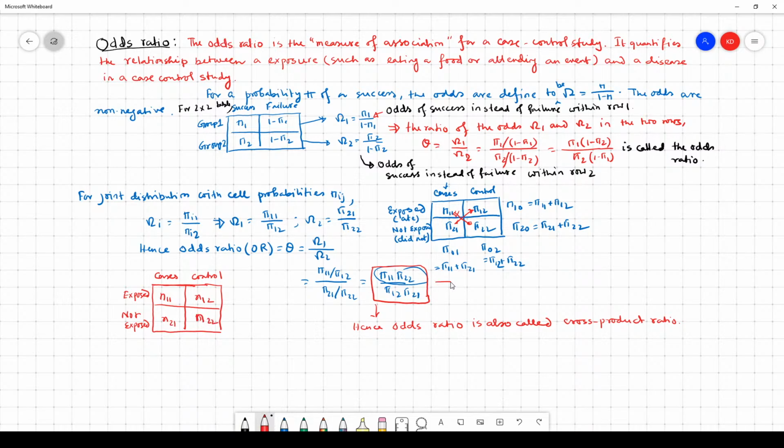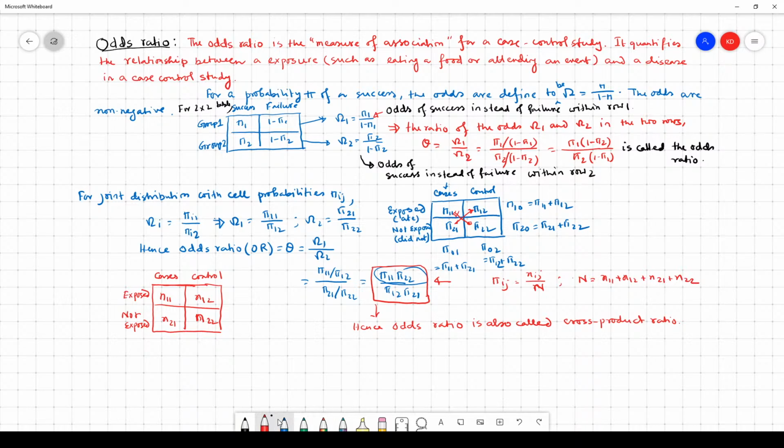If you look at this formula, pi ij is nothing but nij by capital N, where capital N is the total frequency. That means n11 plus n12 plus n21 plus n22.